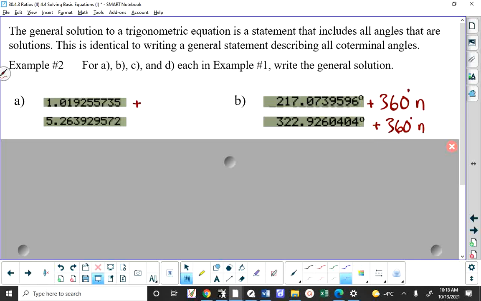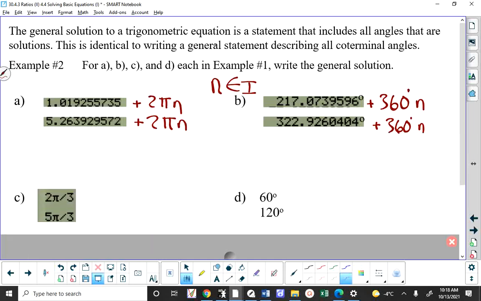Here you would go 2 pi n. Because these are in radians, you want to add or subtract multiples of a full revolution. But a full revolution in radians is 2 pi. I really want to make sure that everybody understands. When I say for all of these n is an integer, that means you are either adding or subtracting multiples of 2 pi, or adding or subtracting multiples of 360.